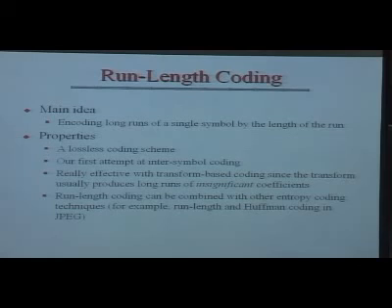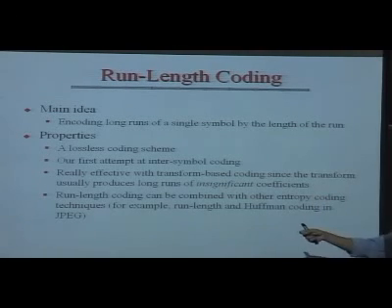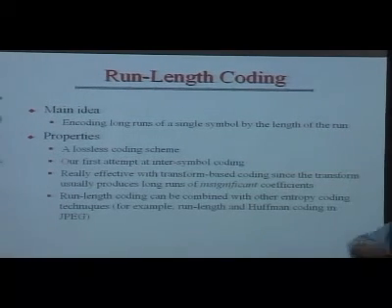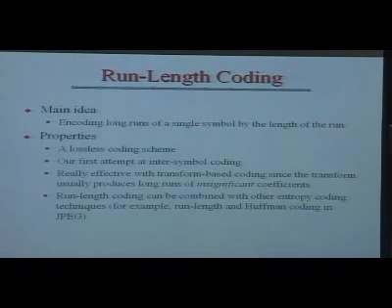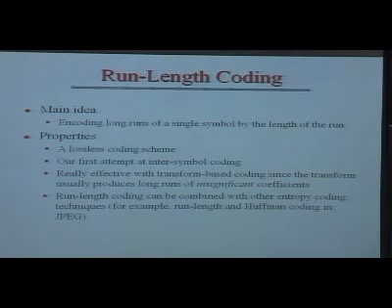Suppose that you have a long run of 0s: 0, 0, 0, 0, 0, 0, 0. It would be pointless to encode 0, then encode another 0, and another 0, and another 0. Especially since, based on the earlier lectures, we know that when we design a good transform, we try to have as many 0 coefficients as possible.